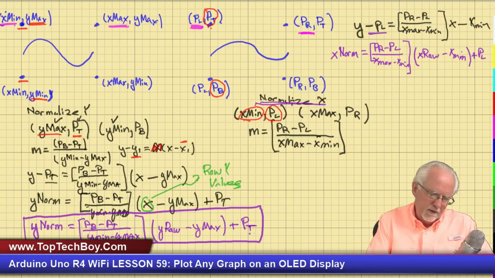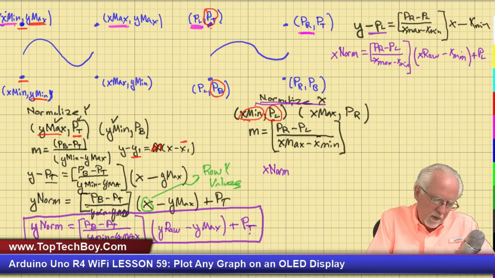So let me see if I can write that down clearly. X normalized is equal to PR minus PL over X max minus X min times X raw minus X min plus PL.